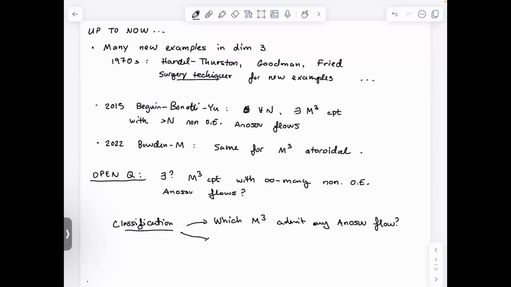And then the second part, which I'm hinting at here and is very interesting, is that if I fix a three-manifold, give some invariants that can be used to distinguish flows on this three-manifold up to orbit equivalence. And it's this second one that I'm going to focus on.